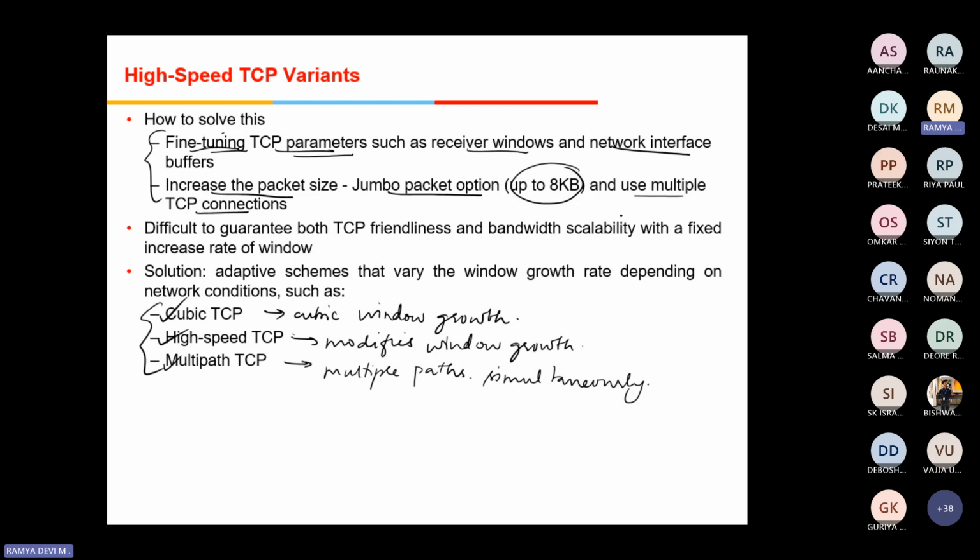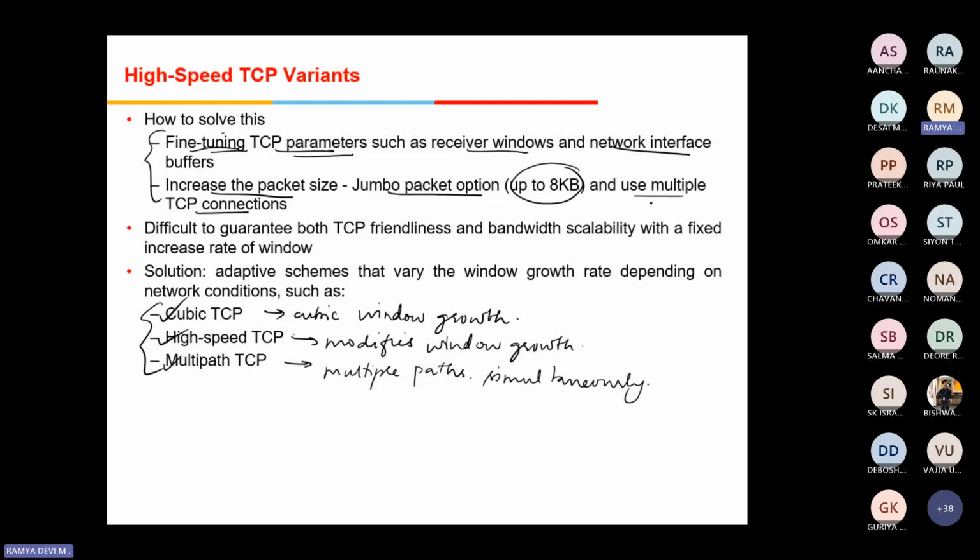These schemes will be providing adaptive high-speed TCP. They can be designed to scale to the network capacity, to utilize the bandwidth in an optimized and reliable way.